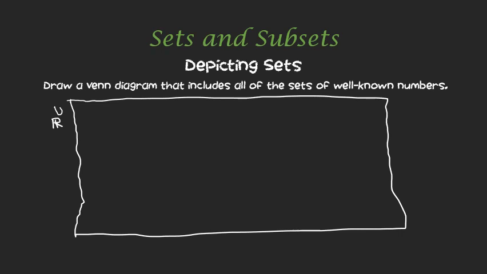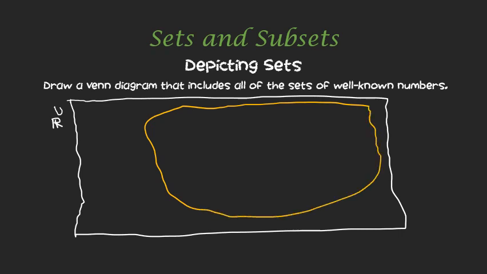The next biggest set we have is the rationals. And so maybe I'll draw a big blob for the rationals. This is where all the rational numbers sit. Inside of the rationals are the integers, but we know, again, it's a proper subset.